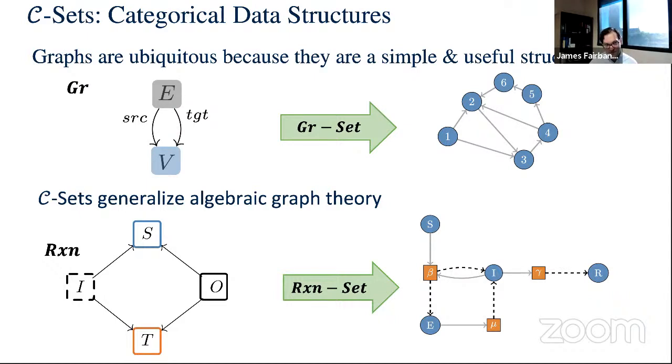The source map assigns for each edge a source vertex. The target map associates to each edge a target vertex, which we interpret as the head and tail of an arrow in a graphical language. So if you have this indexing category, the parallel arrow category, the functors from it to Set are your regular everyday notion of graph. If you're a category theorist, that means directed multigraph.